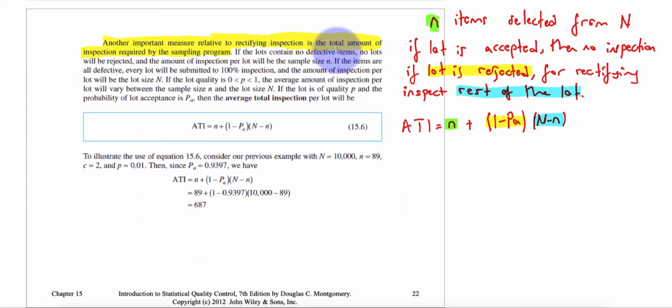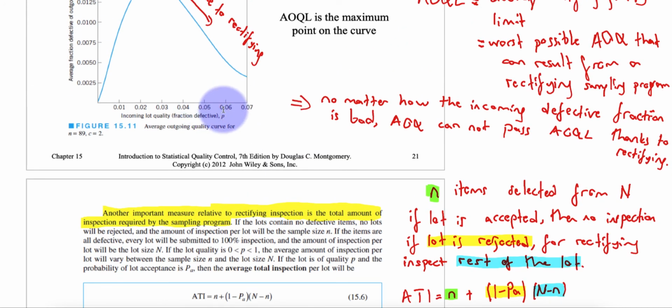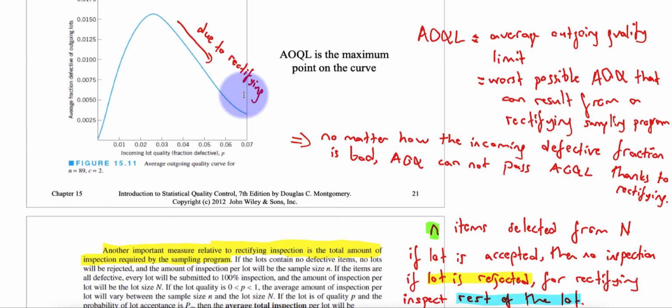Another important measure for sampling programs is the average total inspection, because for inspection we are giving our time and it also becomes more costly. That's why we also need to consider the average total inspection. Why? Because if the fraction defective is high at the beginning, we can reduce it by the rectifying program, right?